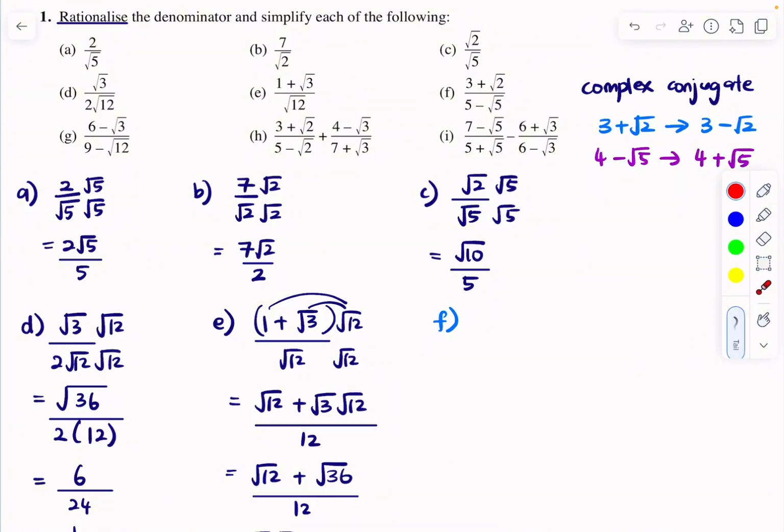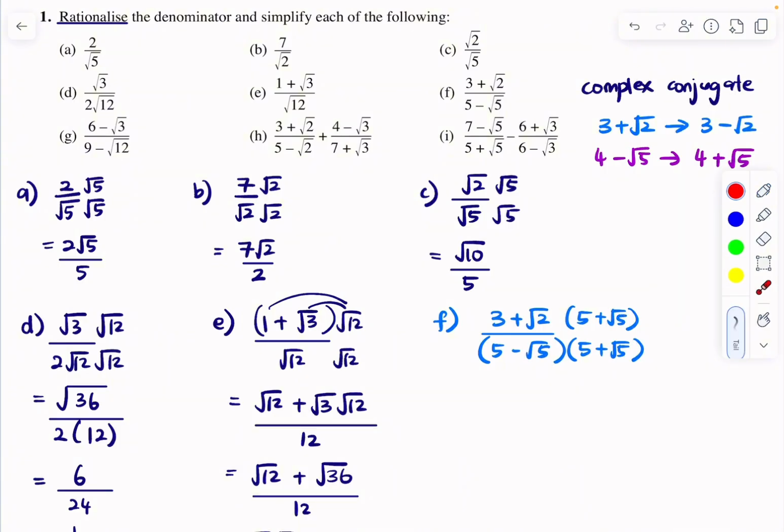So 3 plus surd 2 over 5 minus surd 5. Here we have to multiply by the complex conjugate of the denominator. 5 minus surd 5 means 5 plus surd 5.